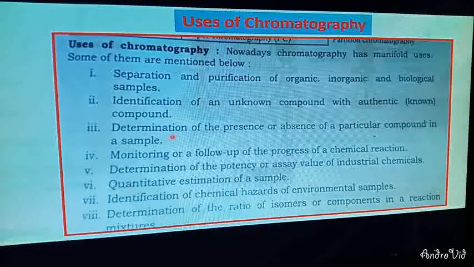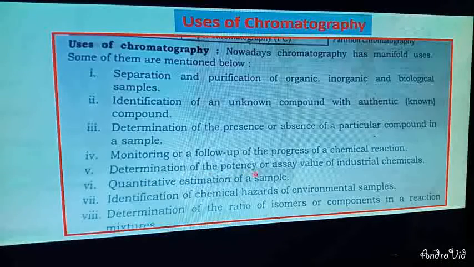If you want to determine whether any particular compound is present or absent in any sample, you have to use this chromatographic technique. Now the fourth point, monitoring or follow up the progress of chemical reaction. If you want to monitor the progress of any chemical reaction, you also have to use chromatographic technique.